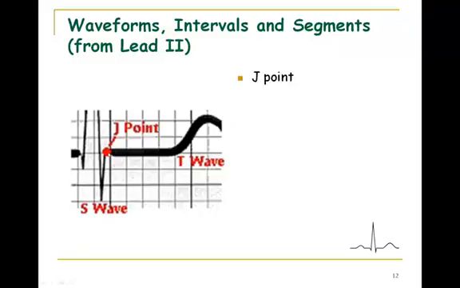What we're going to use this for is as a reference point for looking at something called the ST segment and the TP segment. Now, what you see right here is what we call the ST segment. It's from the end of the S to the beginning of the T wave. That segment should be isoelectric or zero potential, like the J point, but you're allowed a little bit of variance.